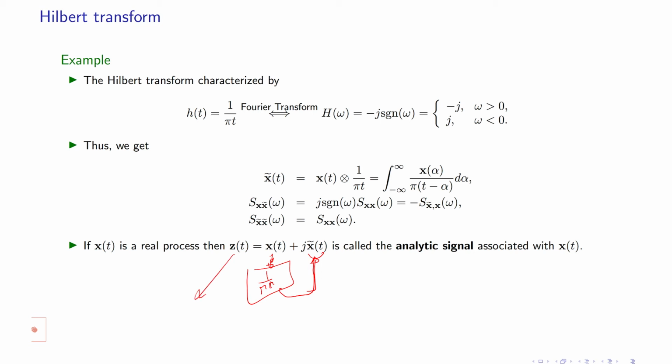So for a real signal, you calculate this Hilbert transform, and then the real part is your signal, and the imaginary part is your Hilbert transform. We call this z of t the analytic signal corresponding to x of t. So z of t has a one-to-one relationship with x of t. And remember that the Hilbert transform gives your signal back.